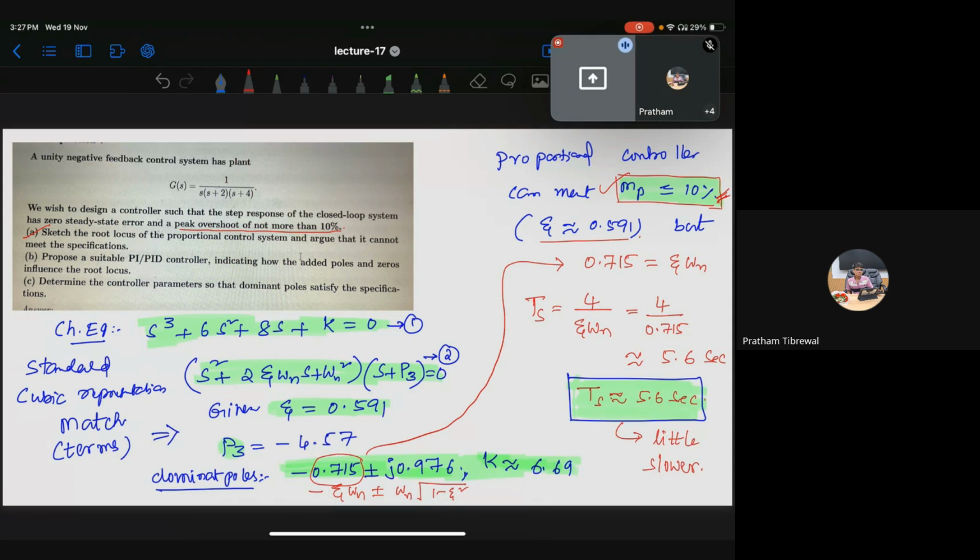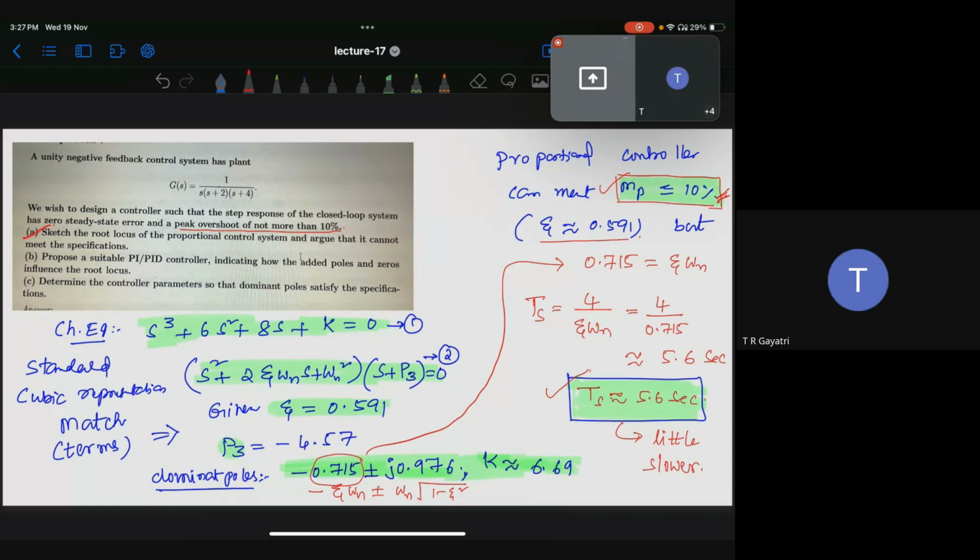But when you calculate settling time, it gives 5.6 seconds, which is a little slower. It means it is settling to 2% tolerance at 5.6 seconds, almost very high. Clear? That's the first question.